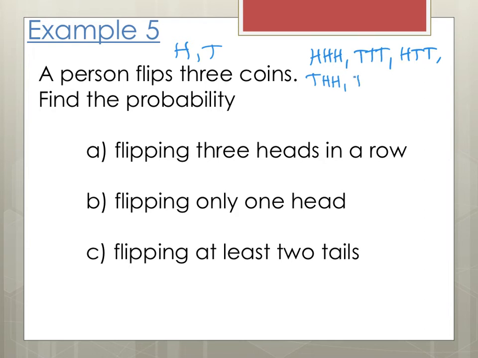We could have the first 2 be tails and the last one heads, or the first 2 heads and the last one tails. We could also have first one tails, second one heads, last one tails, or first one heads, second one tails, last one heads. And I think that's it.